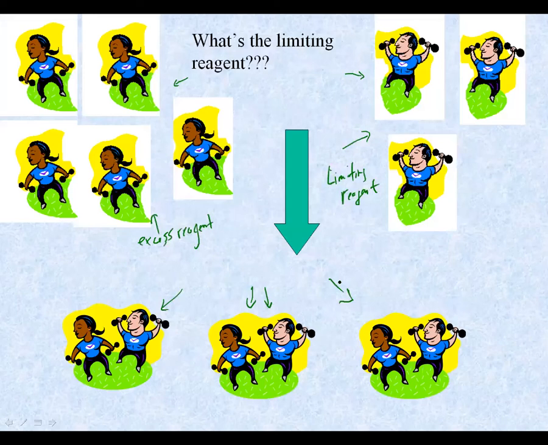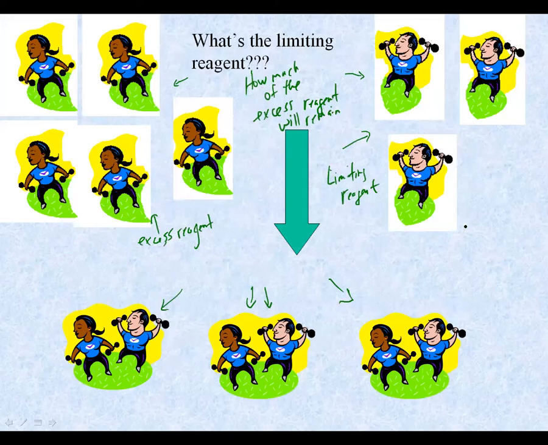And obviously, the theoretical yield we could produce in this case would be only 3 workout buddies, if you will. The other common question that we can answer when we do limiting reagent problems is how much of the excess reagent will remain. We can figure that out from doing calculations.